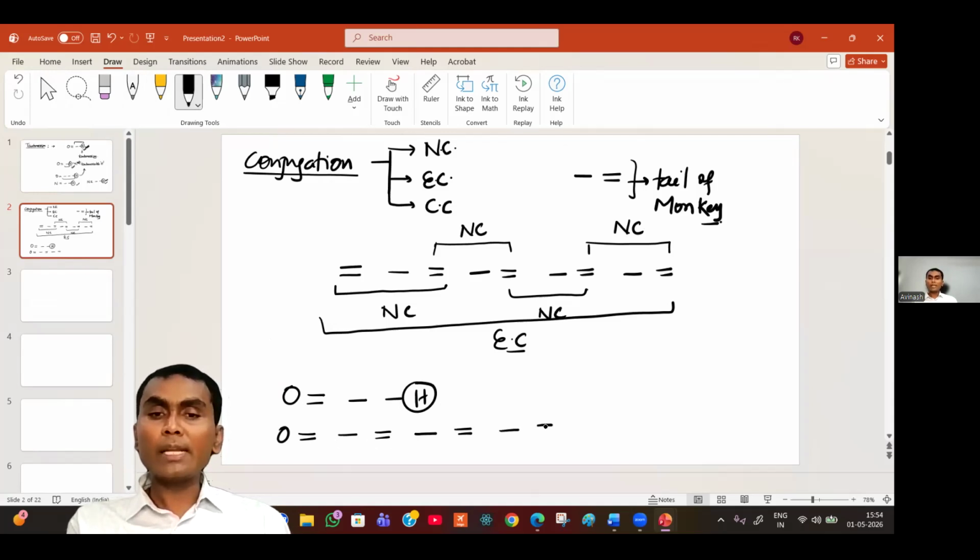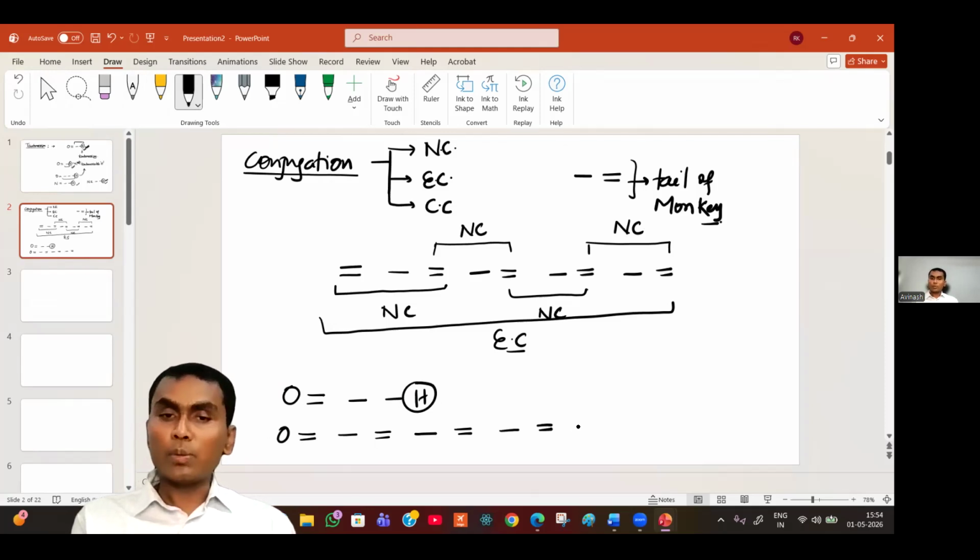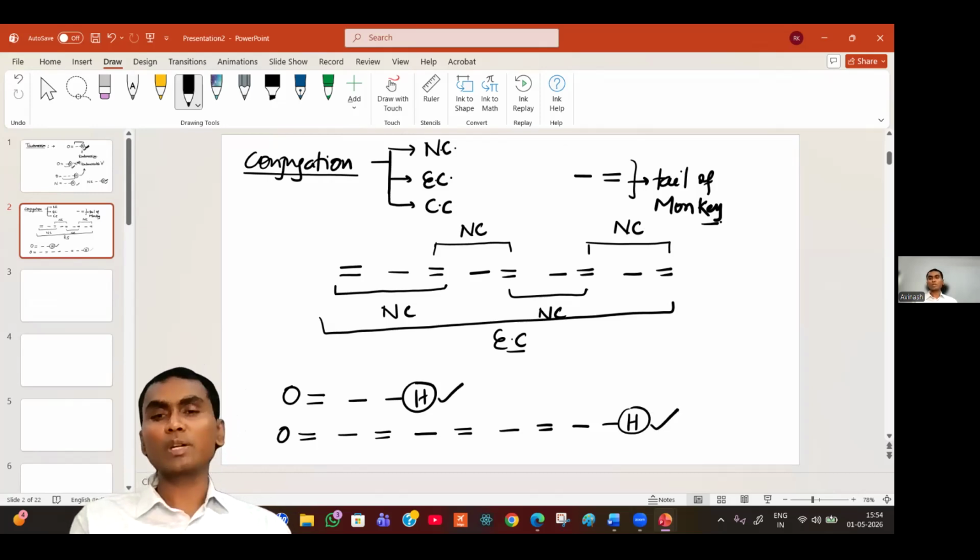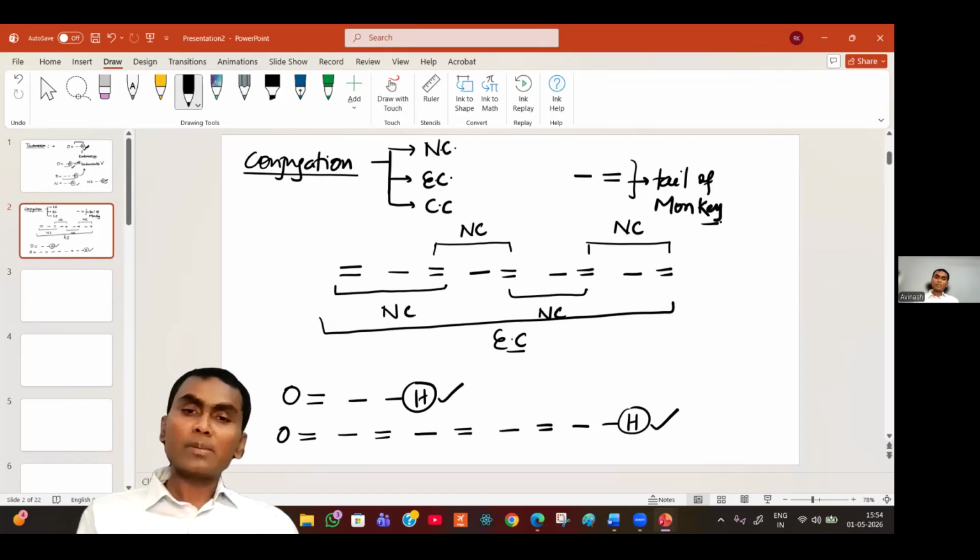Again conjugation, again conjugation. You can conjugate here as many more times as you want. And lastly, single bond hydrogen. So this hydrogen is also considered a tautomerizable hydrogen, and this hydrogen too.